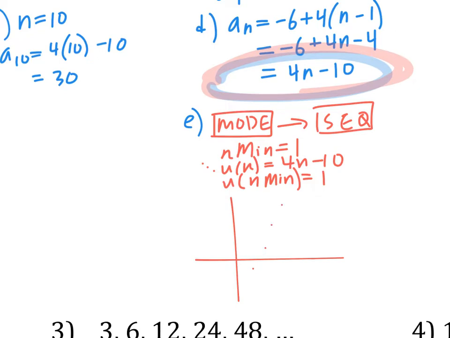Okay, so what's happening is it's graphing these points that are very discrete. So you told it to graph A1. So this point here is A1. This is A2. This is A3, A4.